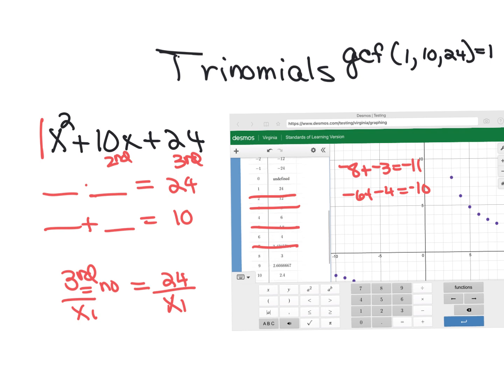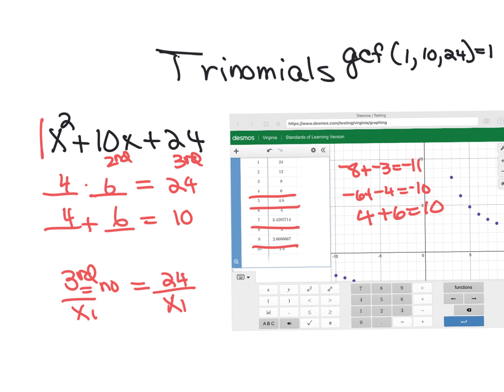I'm going to be looking for positive numbers, all right, that add up to be 10. And when I do that, I'm going to find 6 and 4. 4 plus 6 is equal to 10. So the two numbers that I want to use are 4 and 6.